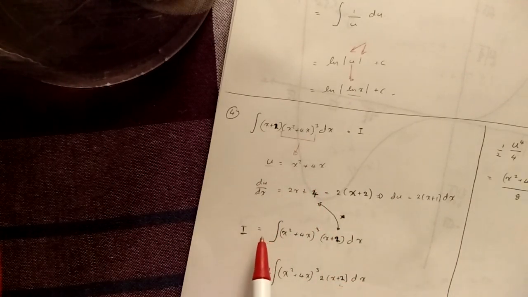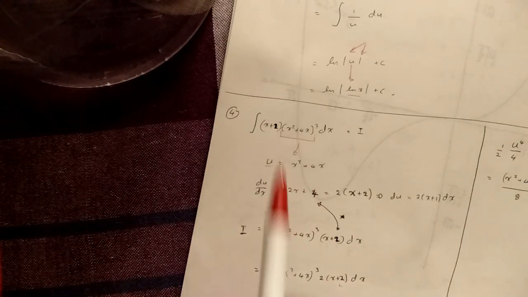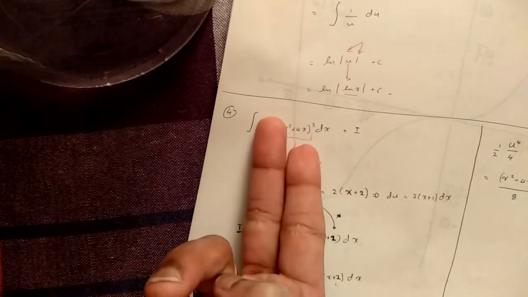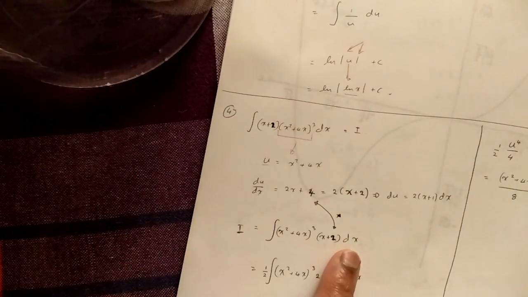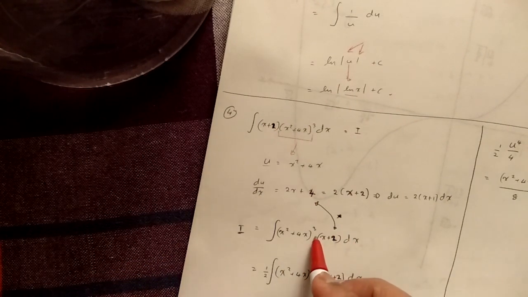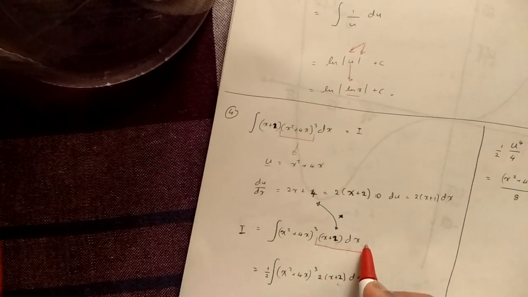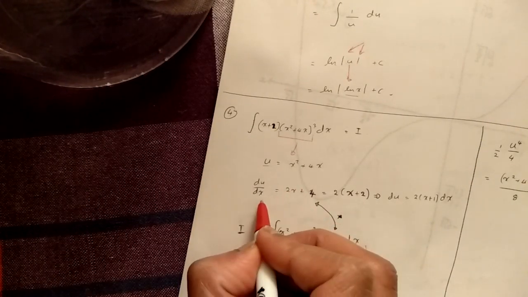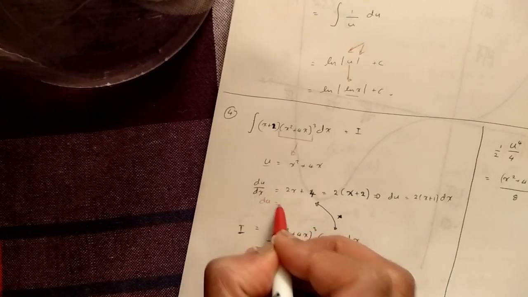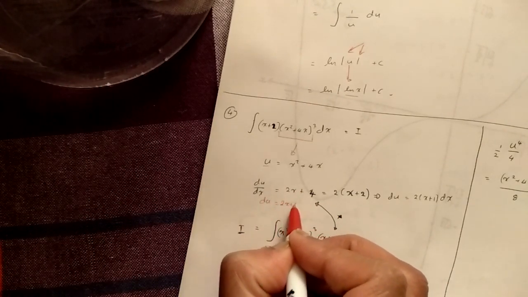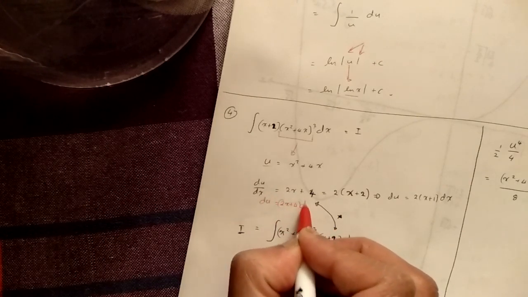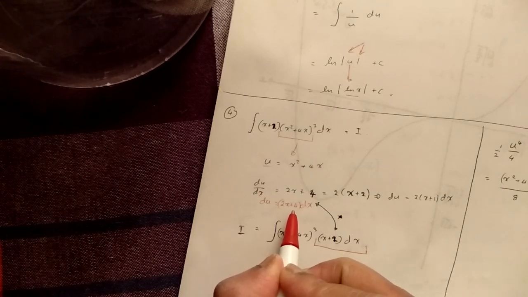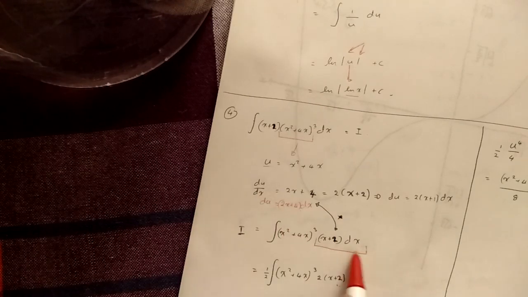Then looking at the original problem, we can interchange these two terms and write it like this. If we just cross multiply, it's not actually multiplication, but still that will make sense. If we write it like this, we might not have the exact terms in this problem.